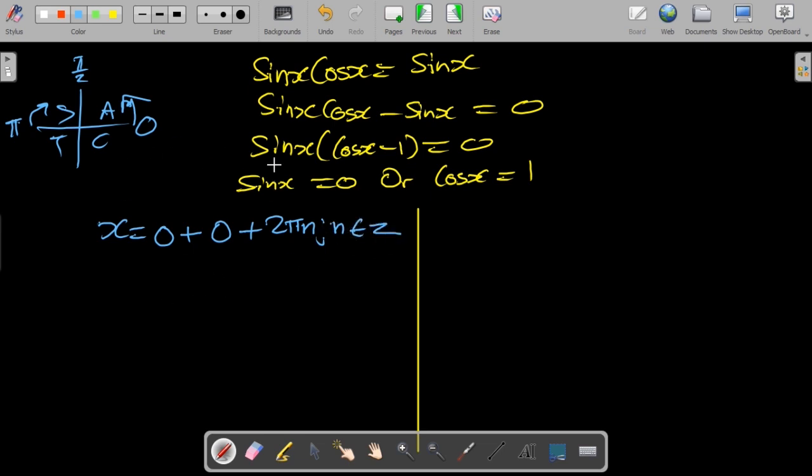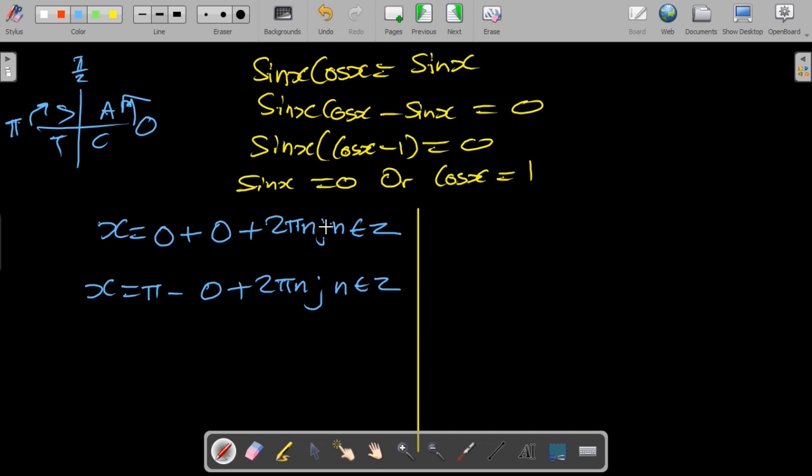Then the other portion where sine is positive is pi minus the reference angle plus our period again multiplied by an integer.